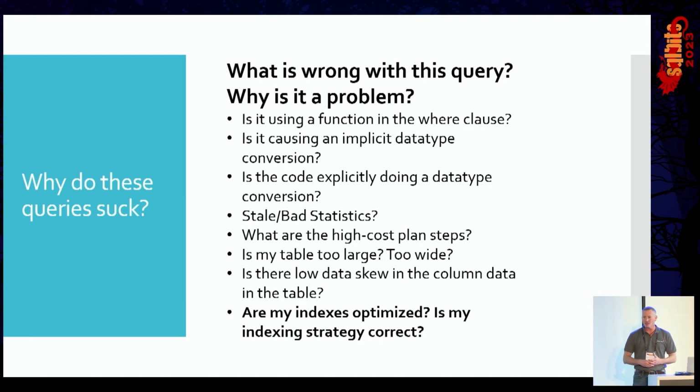I don't think most of us do, especially for the columns that are indexed. Are those good candidates? Is there high cardinality or low cardinality? Higher cardinality is a better candidate for indexing. And that gets into the last one: are my indexes optimized? That's what we're going to talk about today.